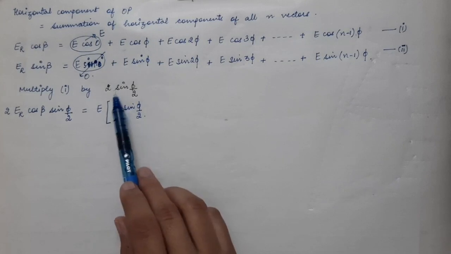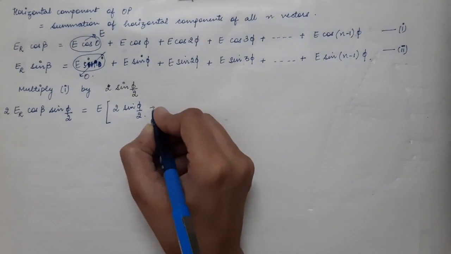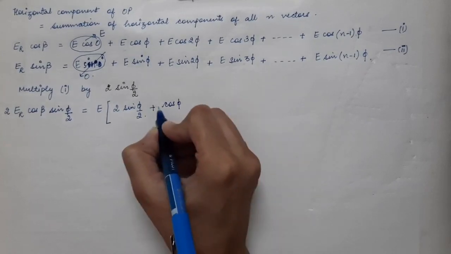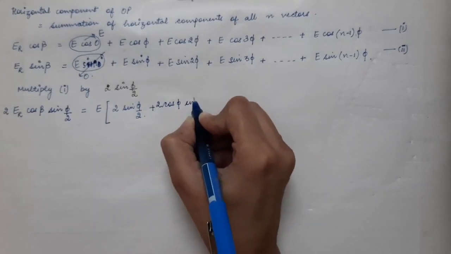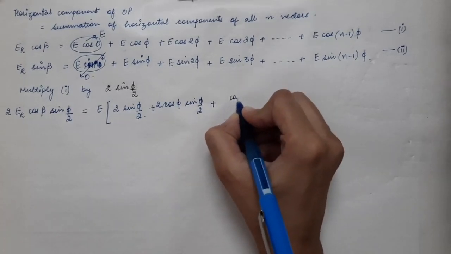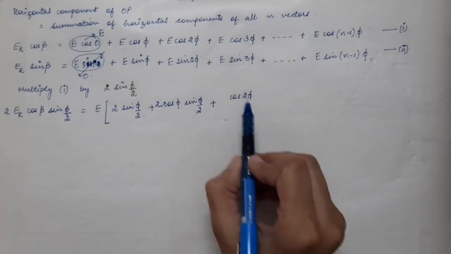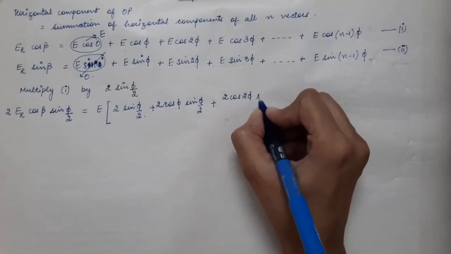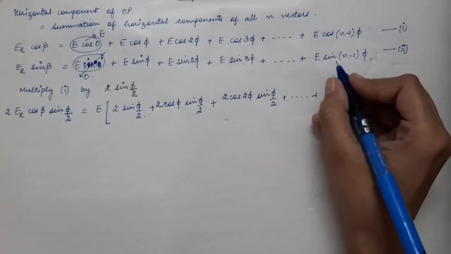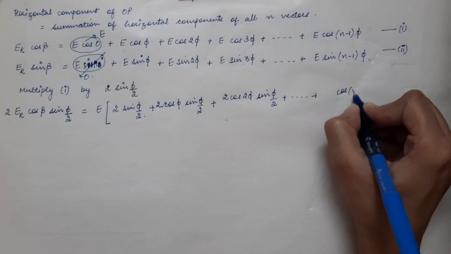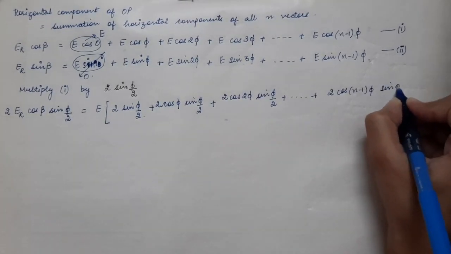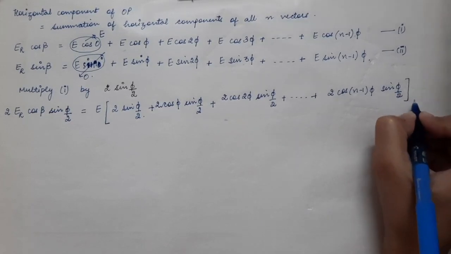So the first term will become twice of sine phi by 2, plus cos phi into twice of sine phi by 2, plus cos 2 phi as it is, then twice of sine phi by 2, and so on. The last term will be cos of n minus 1 times phi, then twice of sine phi by 2.